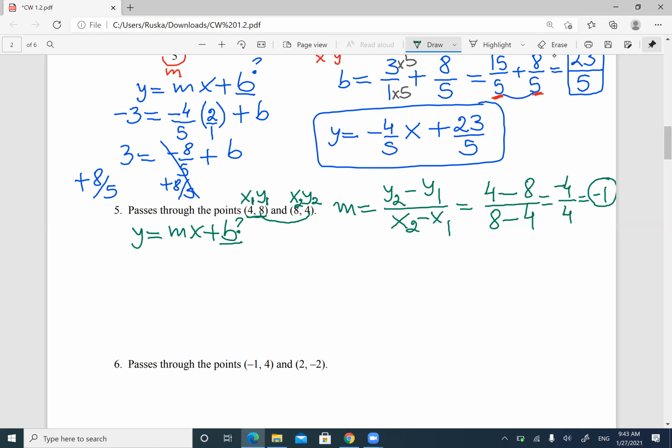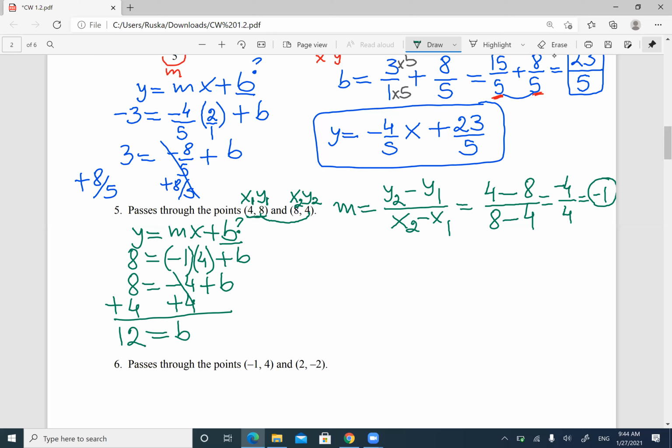So the slope was negative 1. And I'm going to use x is 4 and y is 8 plus b. So we have 8 equals negative 4 plus b. We're going to add 4 on both sides. And that's my b equals 12.